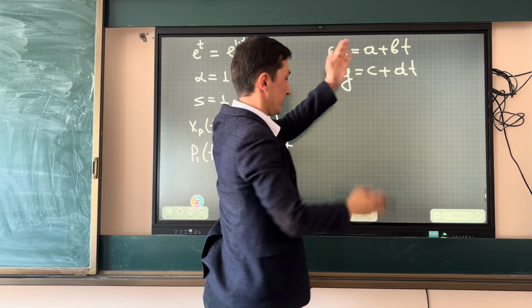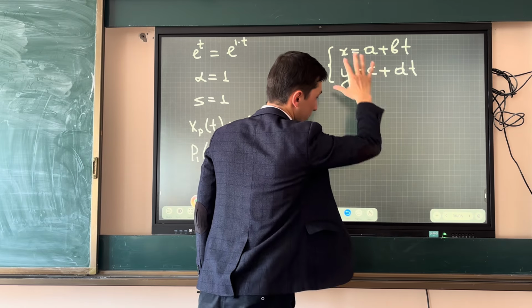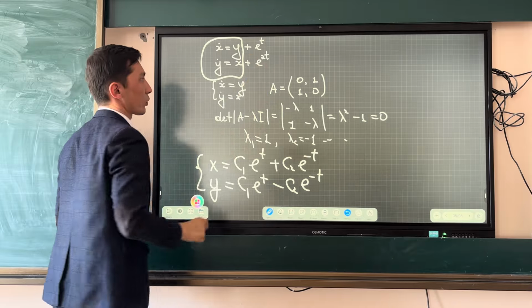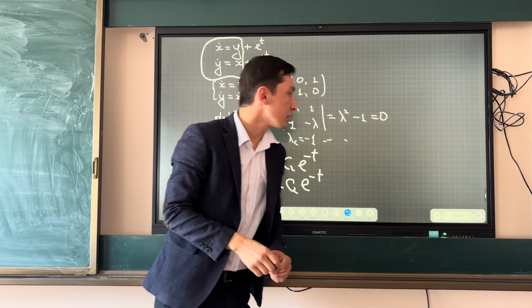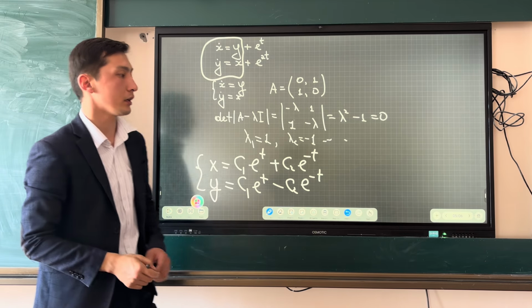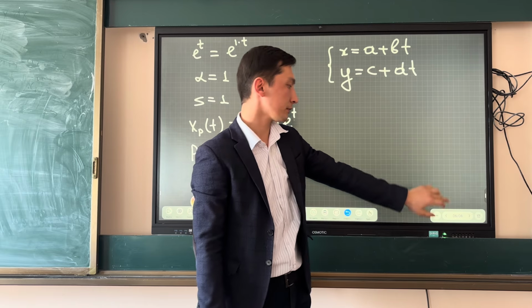We take these expressions and put them into the system, and doing this we can find the constant numbers a, b, c, d.